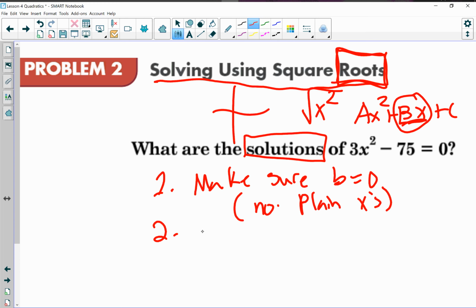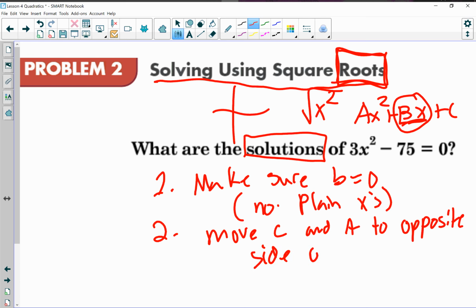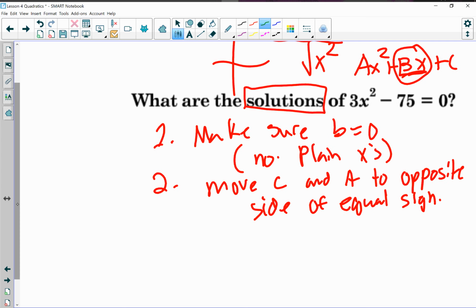And then 2, we can just move c to the other side, moving c and a to opposite sides of the equal sign by doing the opposite. So on this equation, I'm just going to add 75 to both sides. Now my a and my c are on opposite sides of the equal sign.